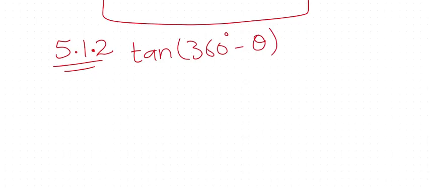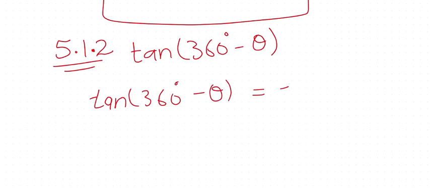Using the reduction formula for quadrant 4, where the tangent is negative, what is the formula? We have tan(360 degrees minus theta) equals minus tan theta.